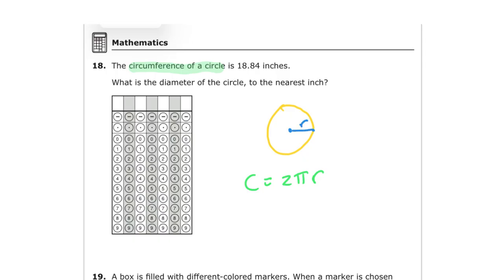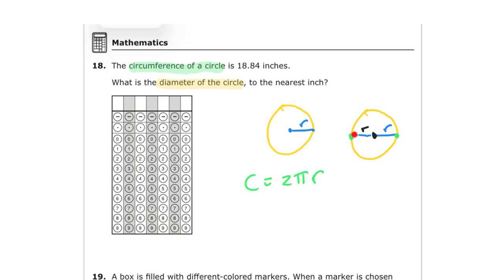And let's remind ourselves that the radius is the distance between the center and the edge. Hopefully, we are also remembering that the diameter of a circle, which is what they're asking for, is this entire distance from one point on the edge to another point on the edge in such a way that it passes through the center. Now, hopefully, my student watching recognizes that the diameter is therefore nothing more than 2 times the radius.